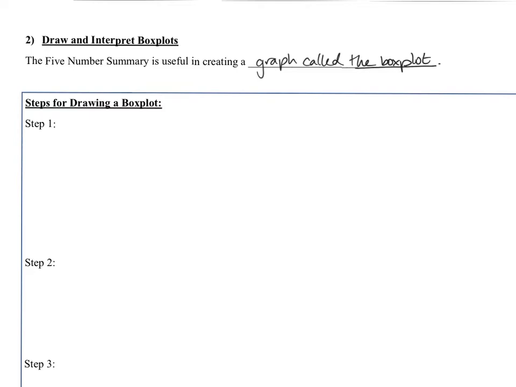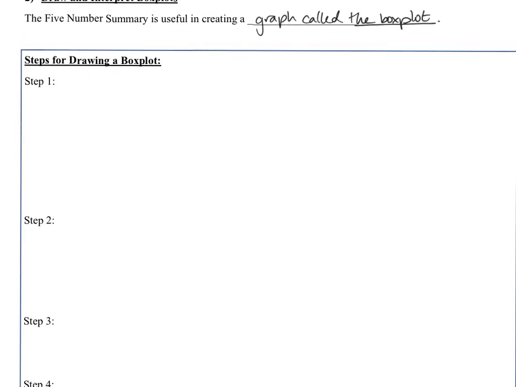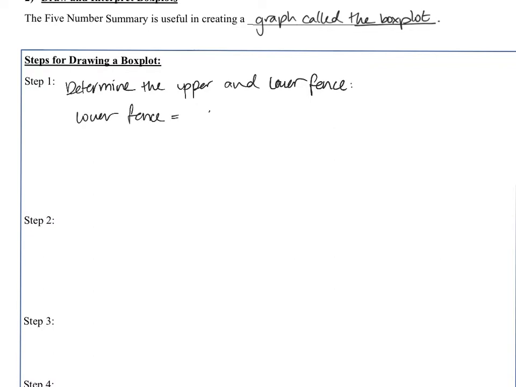So what are the steps for drawing a box plot? So the first step, you're going to determine the upper and lower fence. Lower fence is Q1 minus 1.5 times the interquartile range.